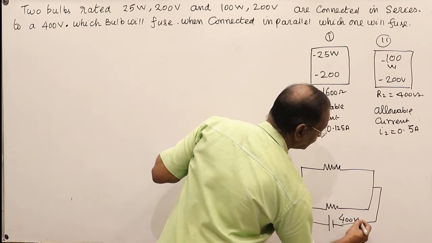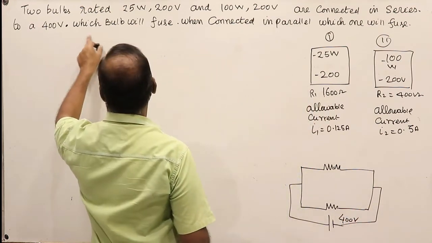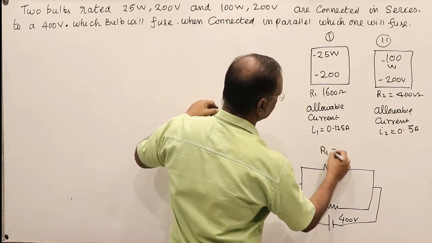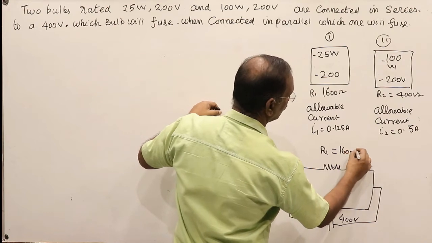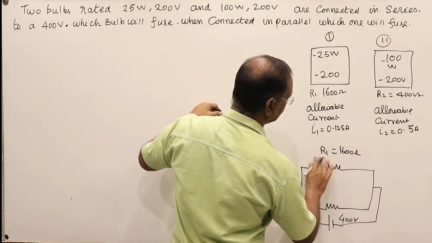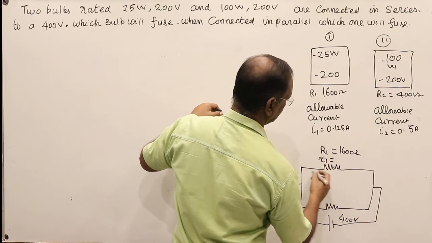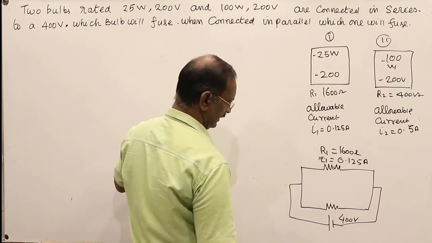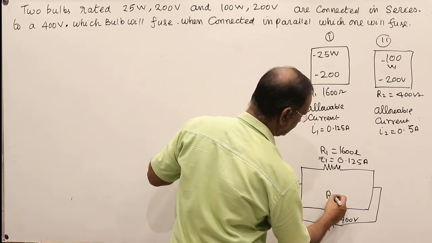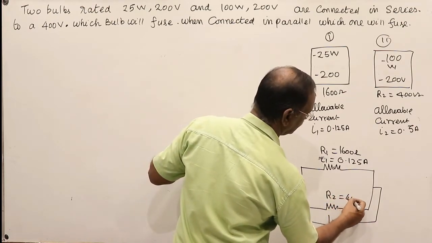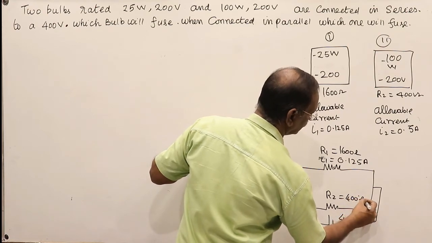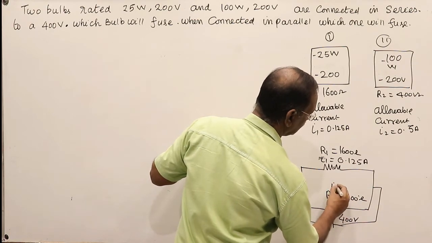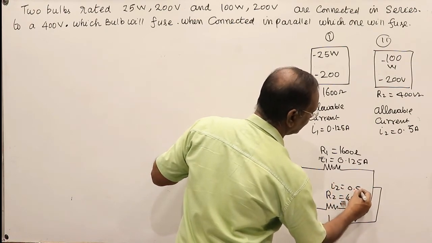R1 is equal to 1600 ohm, with allowable current I1 equal to 0.125 ampere. Here R2 is equal to 400 ohm and I2 is equal to 0.5 ampere.